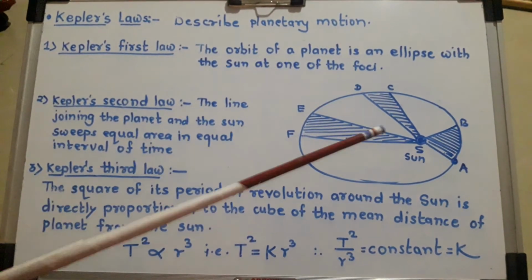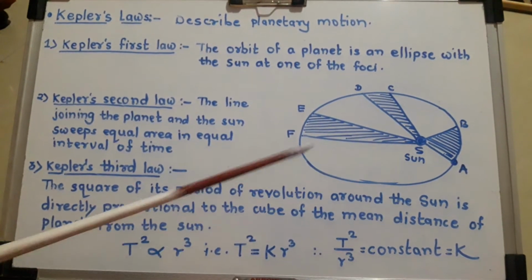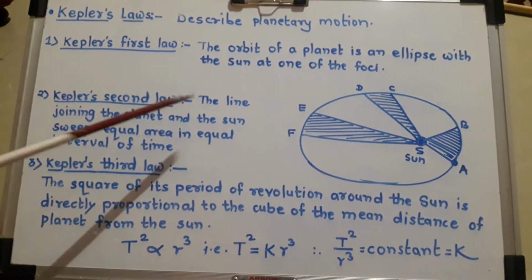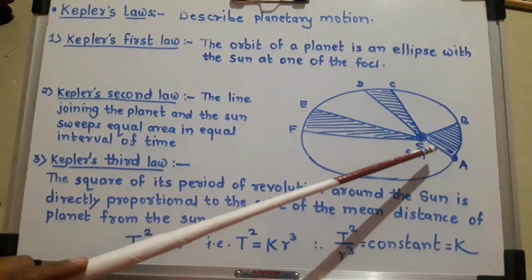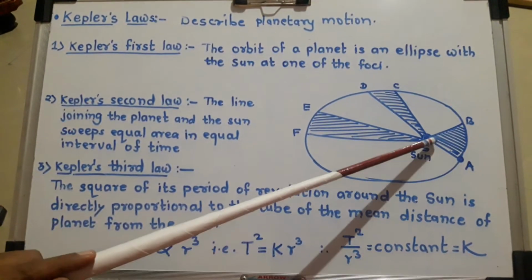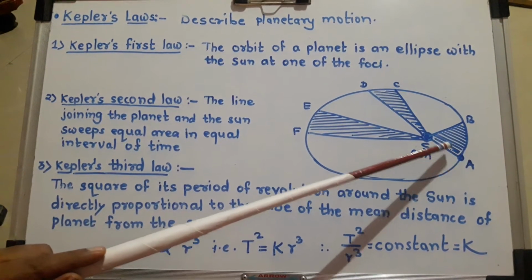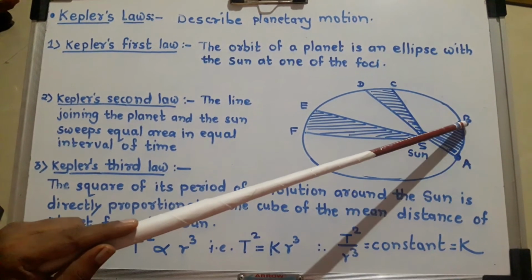Okay, now what does the law state? The line joining the planet and the sun means, for example, here you can see this is the sun, this is the planet, and the line joining them is AS. This line AS sweeps equal area.